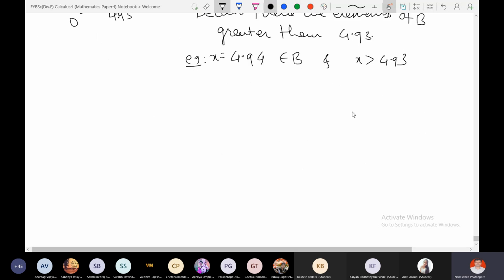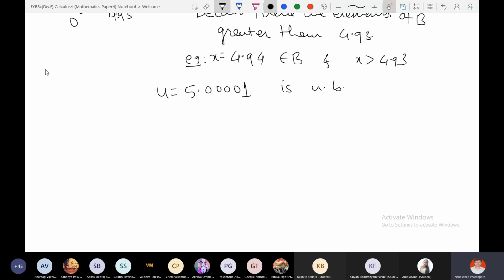Now, 5 is an upper bound. So what about 5.00001? Is it an upper bound? Yes, sir, it is an upper bound. So you cannot go below 5, and anything greater than 5 is an upper bound.